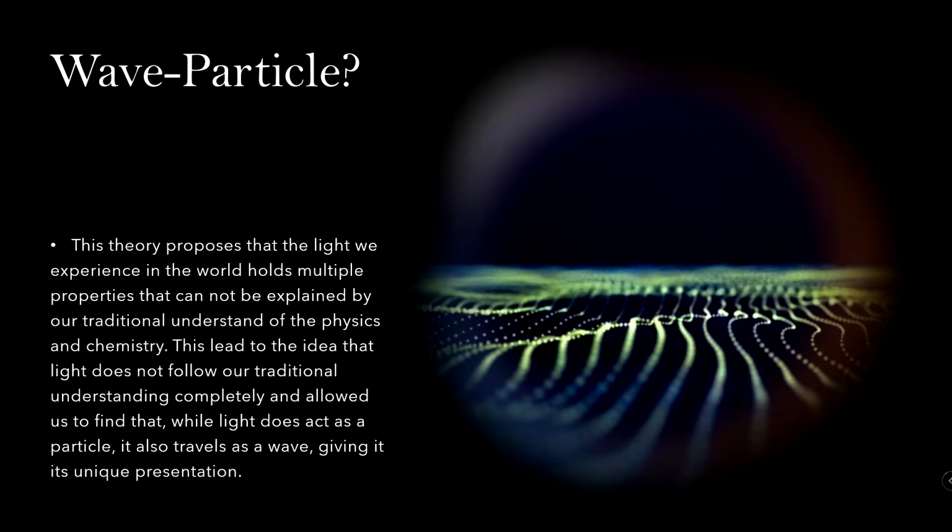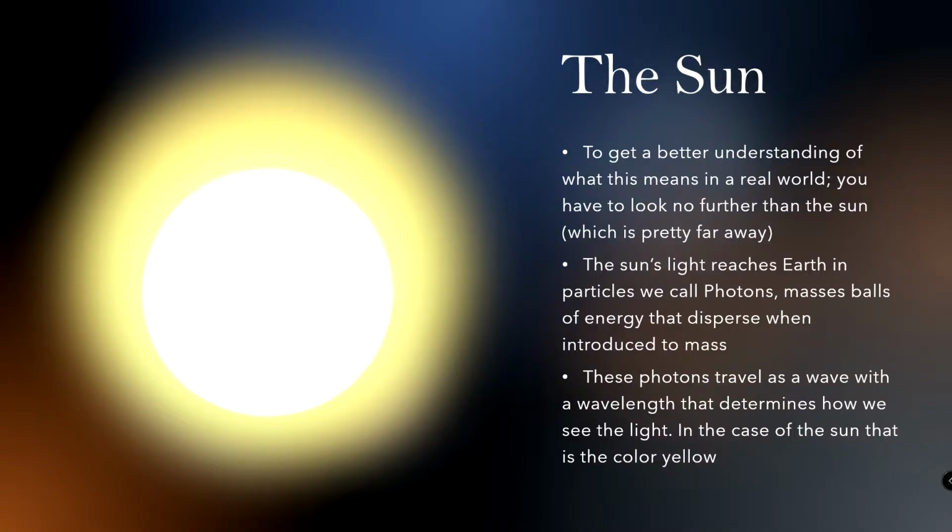This has allowed us to find that while it does act as a particle, which is what we traditionally thought, it also travels as a wave, giving it a unique presentation, and why we couldn't completely predict the behavior of light.